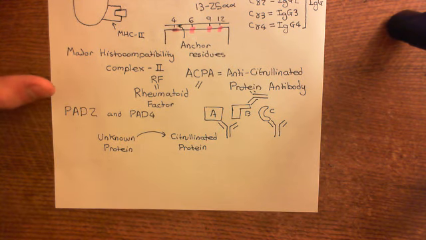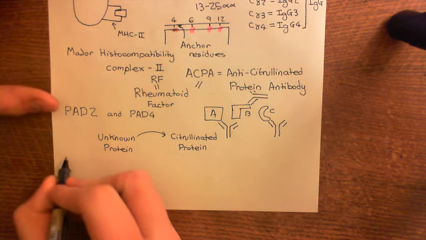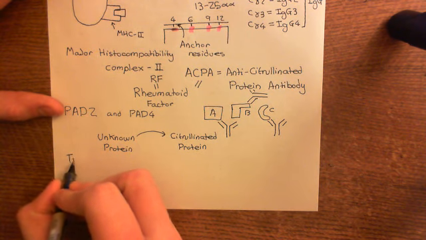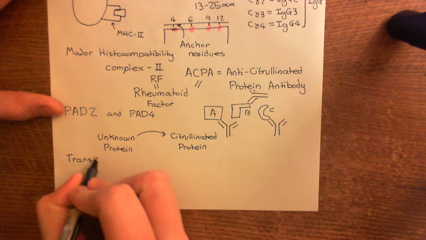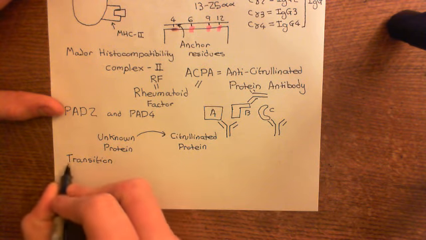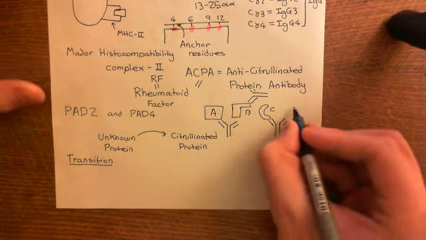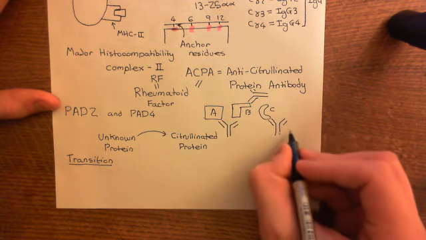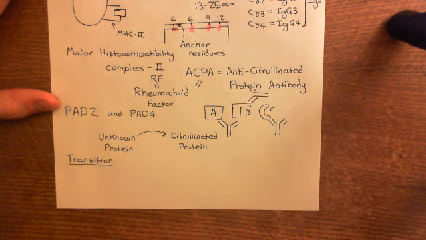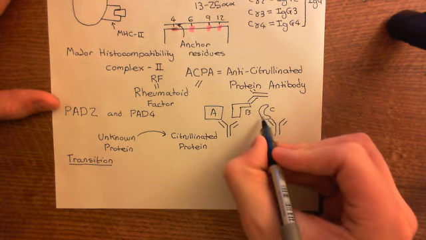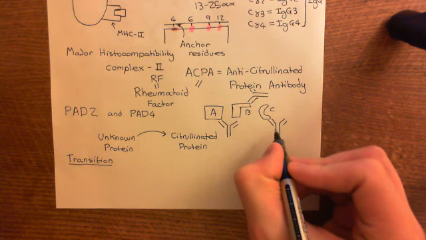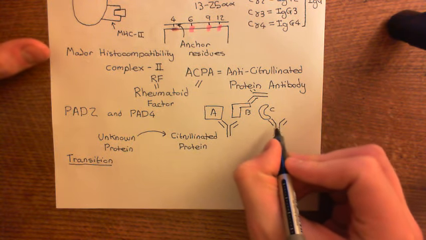Right, so what is now going to happen is that you're going to get the transition phase. We've discussed that when you produce these anti-citrullinated protein antibodies, you might just produce an antibody which is against a citrullinated protein which is found within synovial joints. So let's say citrullinated protein C was found in the synovial joints, and you've produced an antibody against it, which is circulating within the blood.